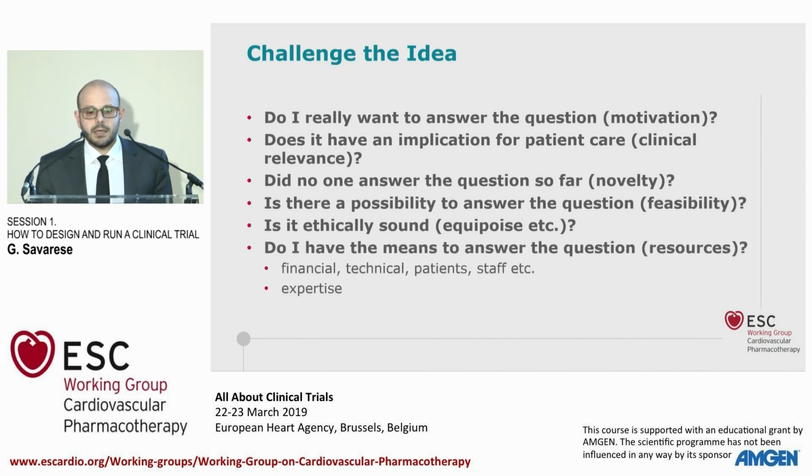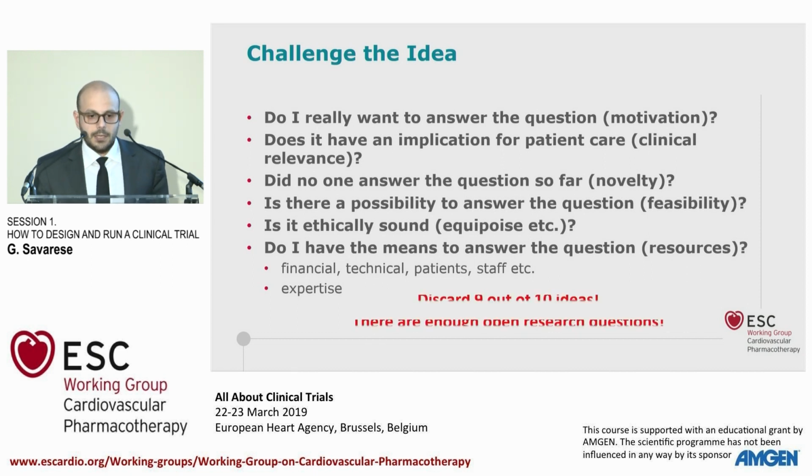We also mean the availability of resources: financial, technical, patients, staff, expertise. For example, sometimes we work in a tertiary hospital and we just cannot find the patients we need for our research because we have very selected patients, and maybe we need a different type of patients.